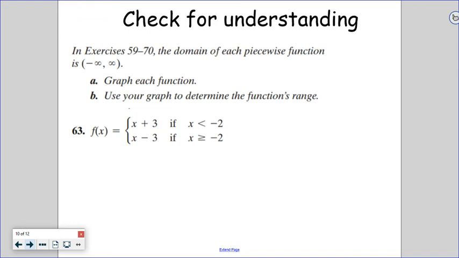Don't worry about the negative infinity to infinity. That just means on however you draw your graph, draw this from left to right. Draw it like you would normally draw a graph. It does not change anything. Which is why we do this, so that if we run across these directions we're not going to panic and not know what that's asking. It's just saying that your domain is unrestricted. Graph this, please.